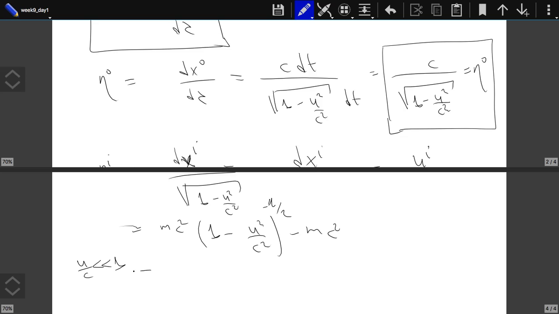So this just becomes mc squared times (1 plus u squared over 2c squared) minus mc squared. Well, this 1 is cancelled by this minus mc squared over there, so we end up having 1/2 mu squared. This is the non-relativistic kinetic energy of the object that we are already familiar with.